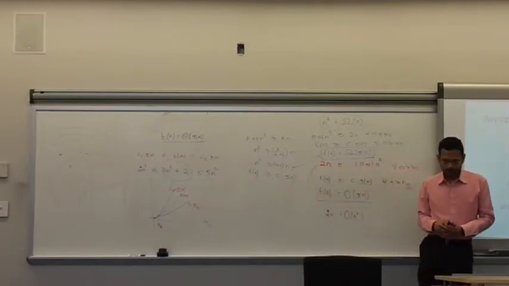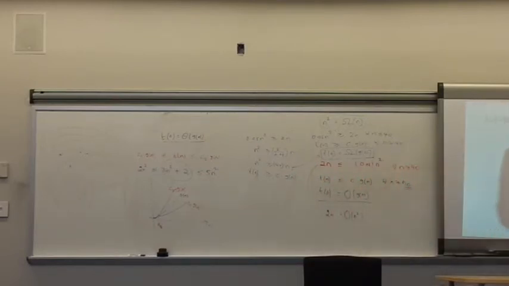It's not like the other case where one grows faster. You see here, as n grows faster, t of n is always less than or equal to C times g of n. So t of n is always bounded above. Similarly here it's always bounded below for big O and omega, right?